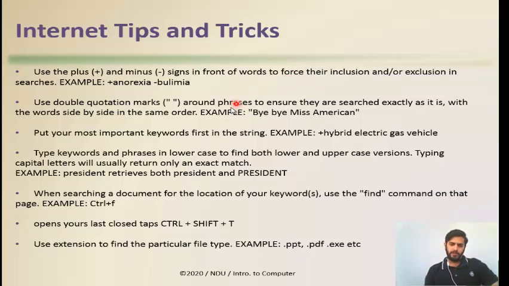Similarly, if you want to find an exact line, we have to use quotation marks. If you write anything in these quotation marks, we have an example here, the browser comes up with this type of result.